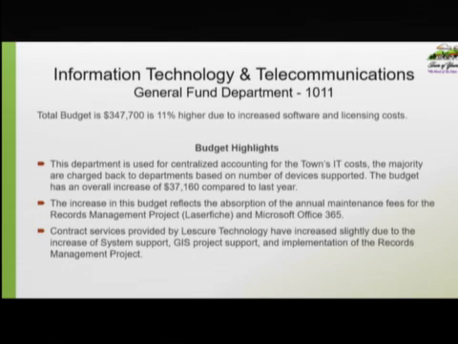It's status quo in the sense that IT does not have any specific projects that we are doing other than taking on the maintenance of these other projects through other departments. The allocations for these budgets are charged back to the individual departments, based on the number of devices that are allocated to each department. So that's really it. Unless you have any other questions, I'm happy to answer.